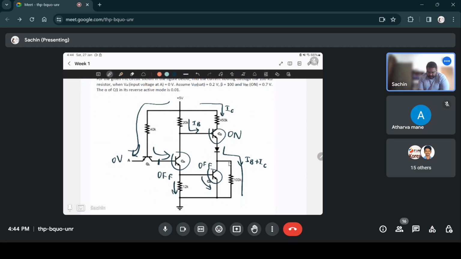Another thing is I'm assuming this diode will also drop 0.7 volts. And this drop across this VBE junction is, here you can see, 0.7 volts.